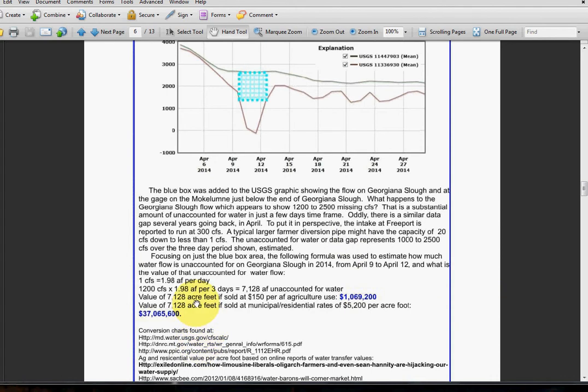And when you take the value, if that was sold at agricultural use value, it's over 1 million. But if you use the municipal residential rates, or maybe the fracking water rates, that's over 5,200 per acre foot. So this turquoise box right here represents over $37 million worth of unaccounted for flow.